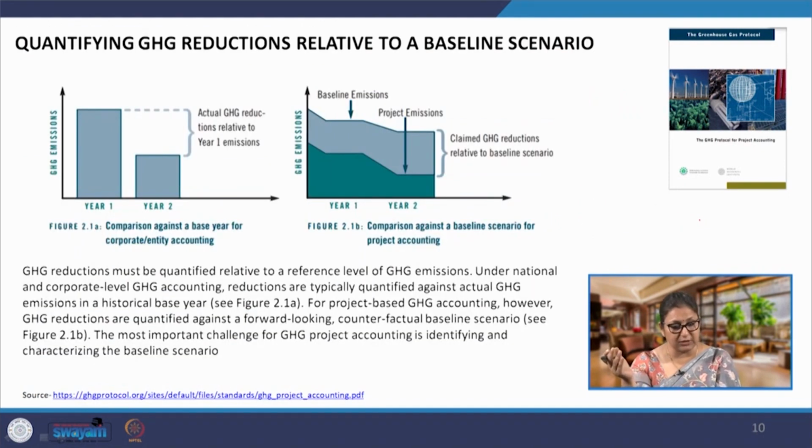or activity. What we are going to do when we say GHG accounting and reporting, very simply, is calculate the GHG emissions for the base year, whatever that year is, and calculate the GHG emissions for the current reporting year, and the difference between the two is the GHG emission reduction that we are talking about.